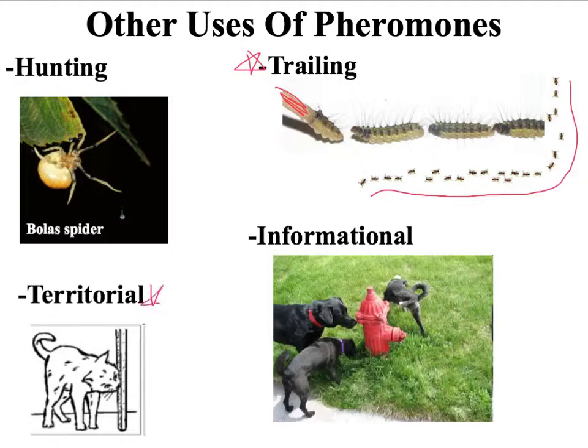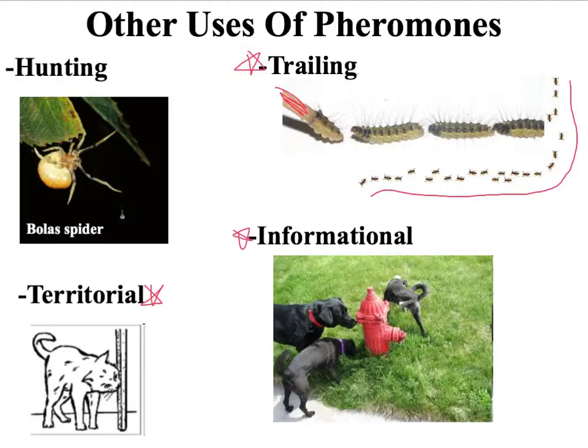You can see here territorial and informational pheromones. Now if you think about it, you're all familiar with dogs going to the bathroom on fire hydrants, and cats actually scratch their face and pee on different upright surfaces to leave pheromones as well. But think about what information can be conveyed. So territorial information can be conveyed.